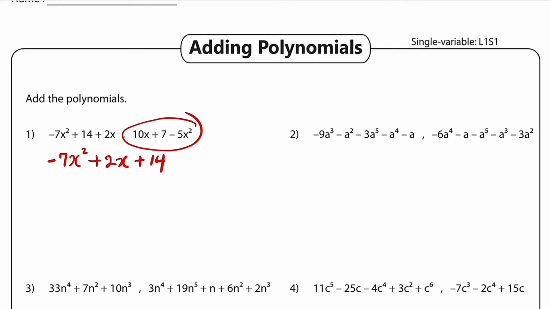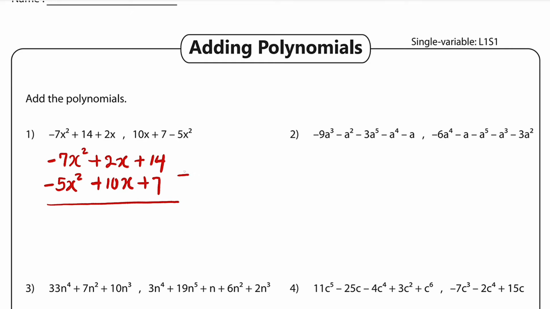Then we bring this one to the bottom. The highest here is negative 5x squared, so we bring it here, negative 5x squared, followed by positive 10x. Then the constant, which is 7.